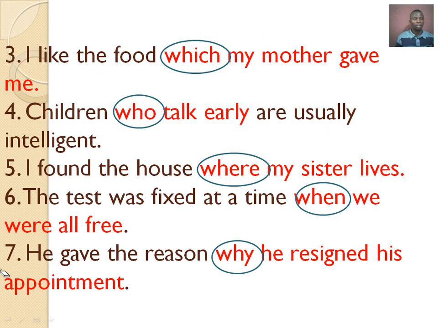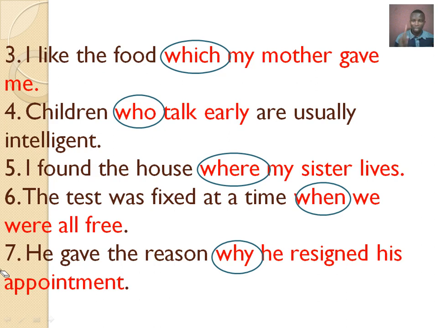Number 3, I like the food which my mother gave me. Which introduces it. Children who talk early are usually intelligent. I found the house where my sister lives. The test was fixed at the time when we were all free. He gave the reason why he resigned his appointment. The encircled words are the markers of relative or adjectival clauses, while the ones written in red are the adjectival clauses or relative clauses themselves.